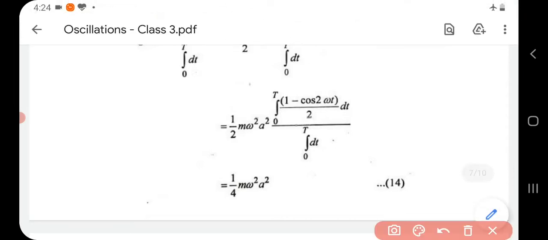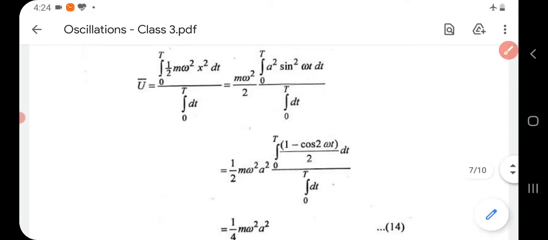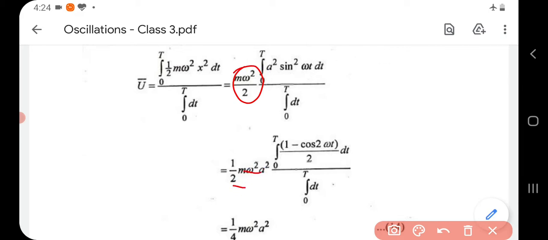Now m omega square by 2 is kept as such. Here a square is a constant that is taken outside. The denominator is kept as such. What is there in the numerator? Integral 0 to T sine square omega t dt. Right? What is sine square omega t? There is a trigonometric relation, that 1 minus cos 2 theta by 2 is sine square theta.